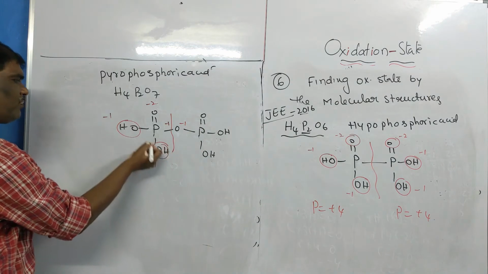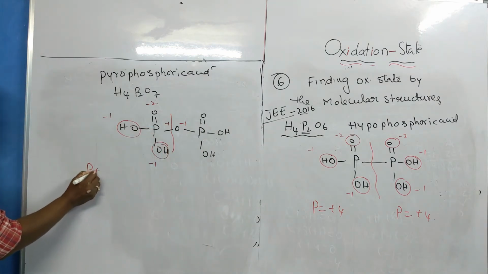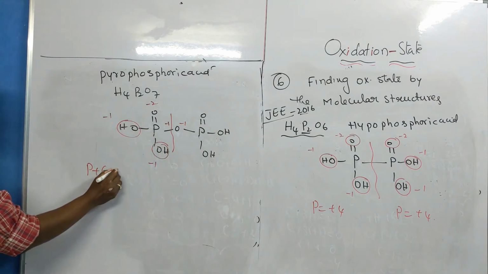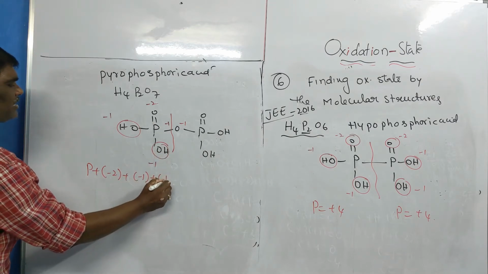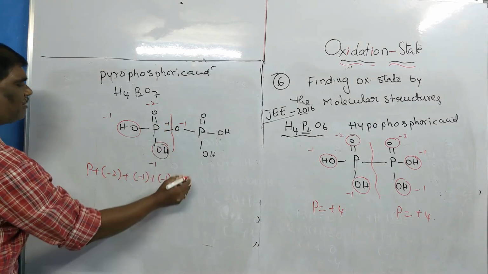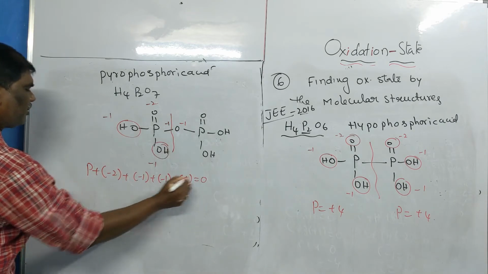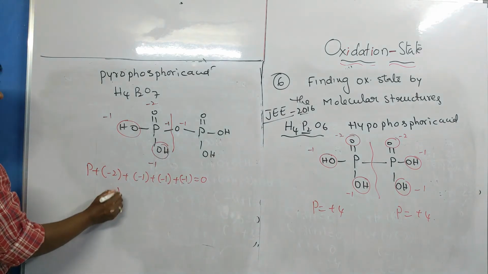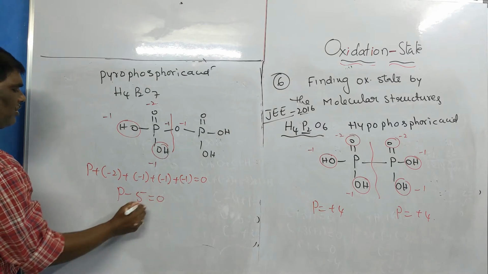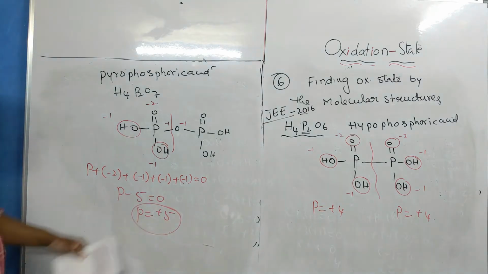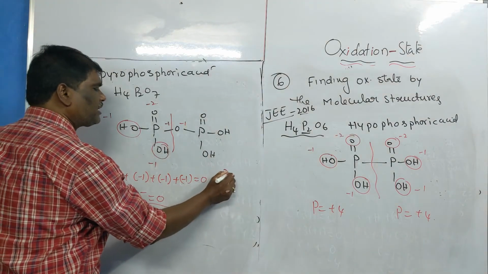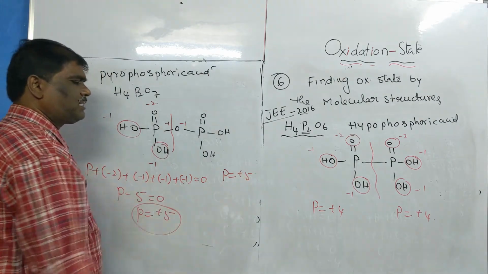So on calculation we get P plus -2, -1, and for this one -1, and for this oxygen -1, equal to 0. So I am getting P minus 5 equal to 0. Phosphorus oxidation state is +5 in this case. Similarly, in this case we expect +5 oxidation state.